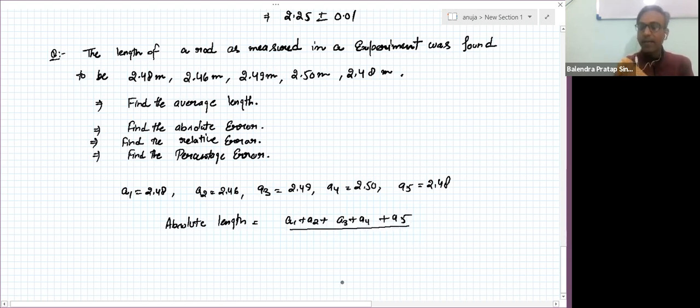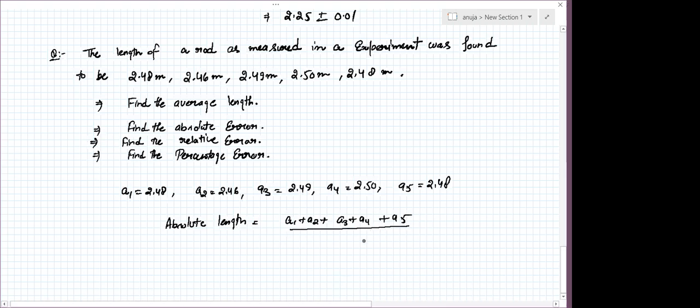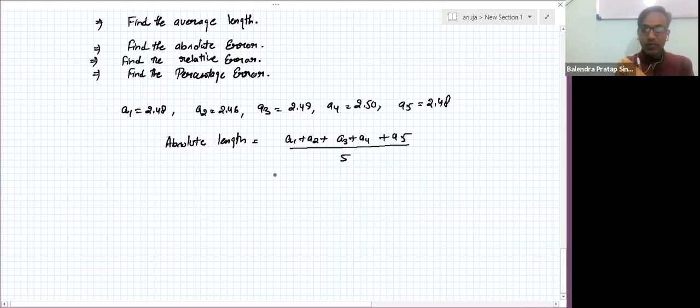Siddhant, what's the value? Sir, 5. Exactly, 5. So let's put the values: 2.48 plus 2.46 plus 2.49 plus 2.50 plus 2.48 divided by 5.